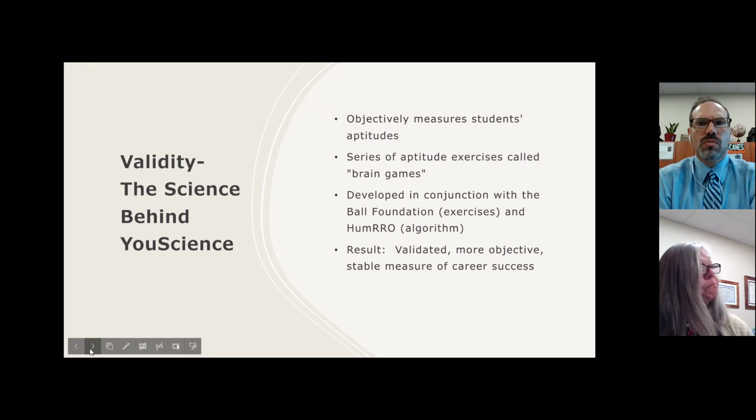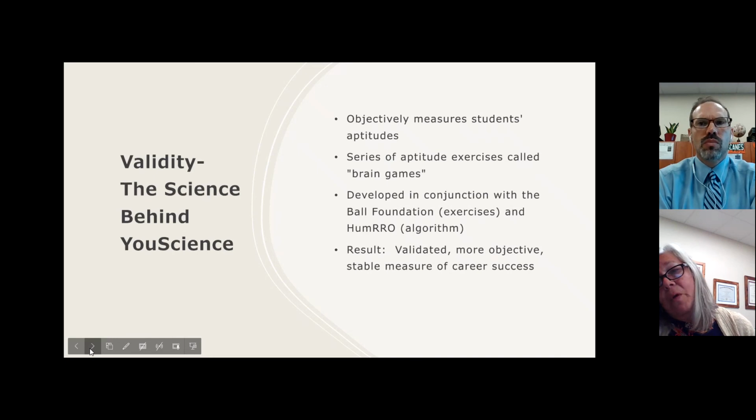And then Humro developed the algorithms that would be used in measuring, very much like algorithms used in computer code. It's the same kind of thing, but this is measuring aptitudes in individuals. The result was a validated, more objective, stable measure of career success.